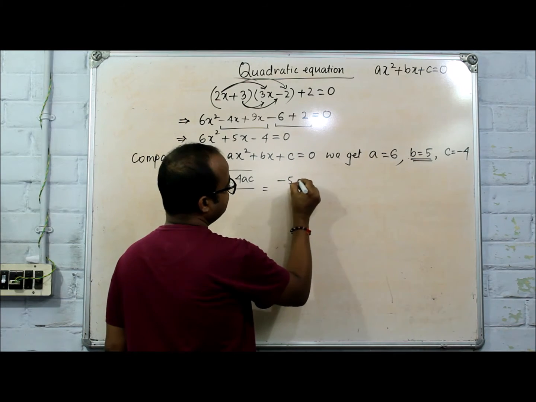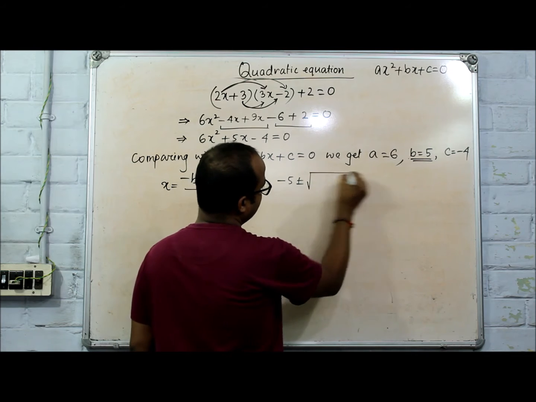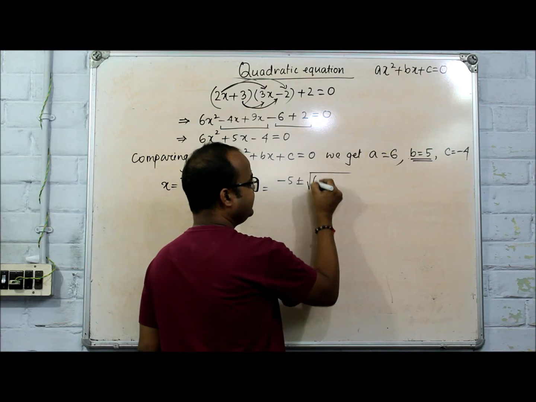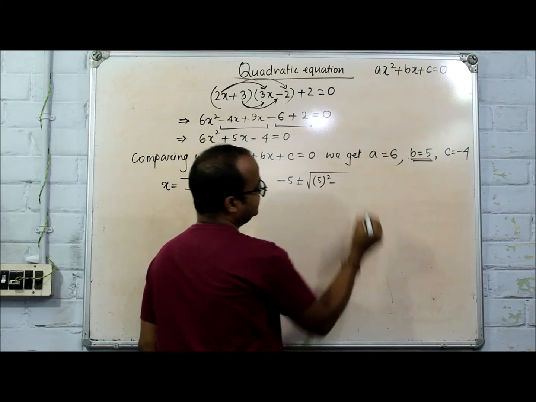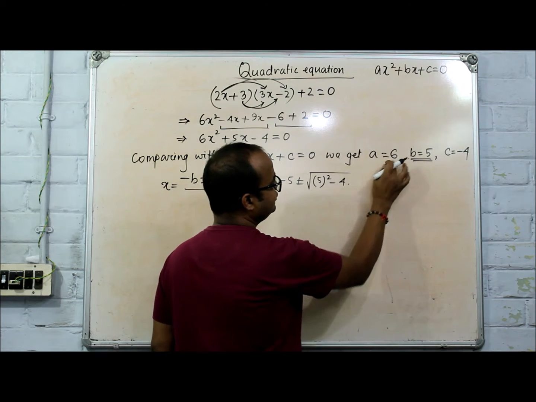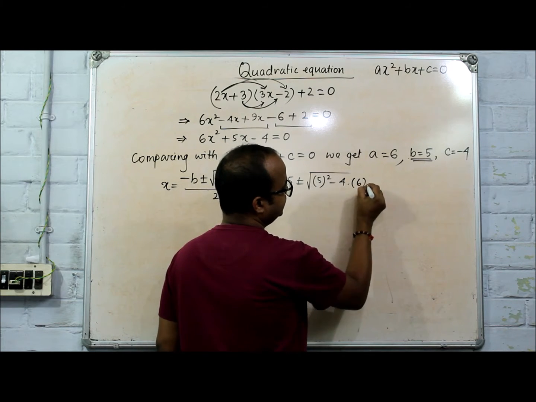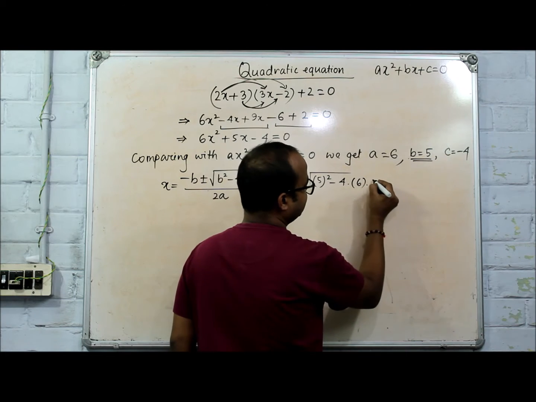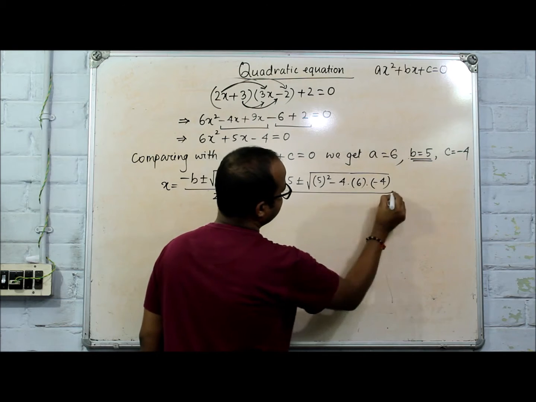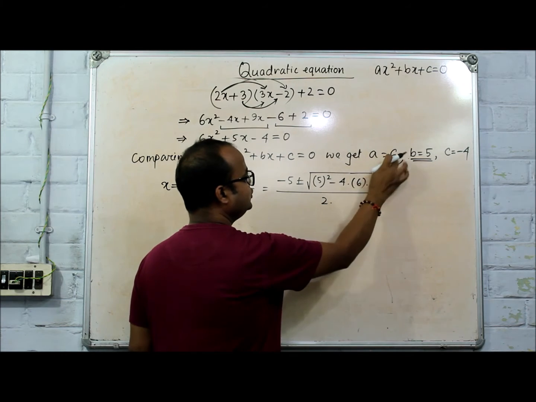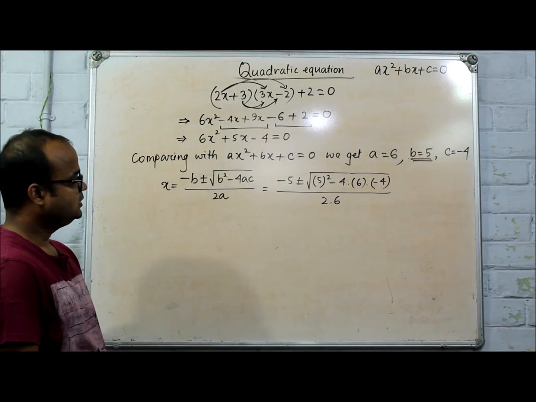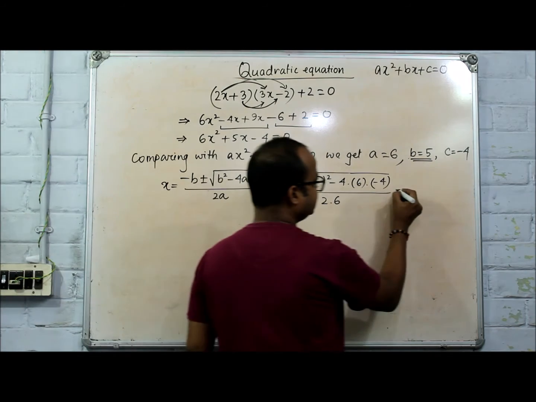So minus 5 plus minus square root of b square, that is value of b is 5, so 5 square minus 4 into a into c. So 4 into value of a is 6 into value of c is minus 4 by 2a, 2 into a, that is 6. Now we simplify this one.